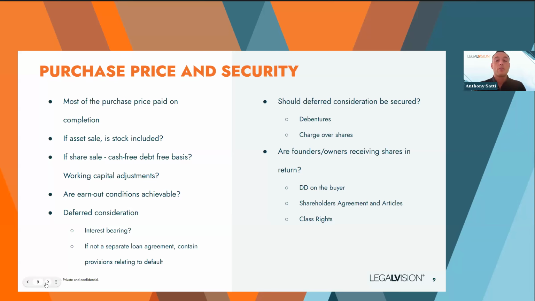For a seller, if you have to give a working capital adjustment, then you want an amount that is generally representative of what the business needs to operate for at least a shorter amount of time, so that the adjustment isn't so much eating into your purchase price.